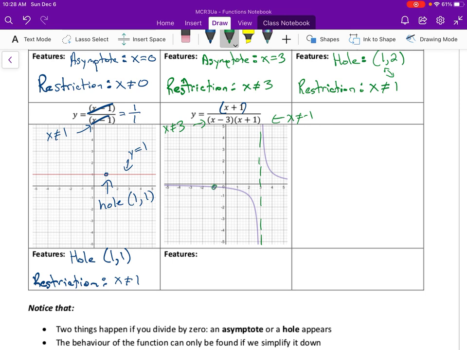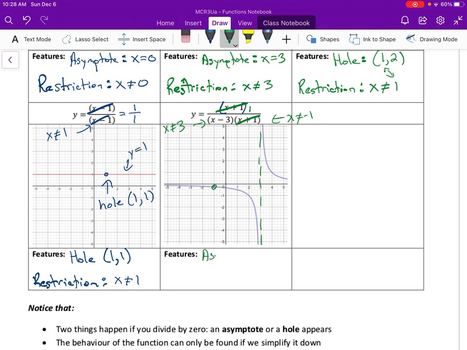The reason is that when I divide x plus 1 by x plus 1, there's a 1 up top, and that's what creates the hole. So I've got a hole at x equals negative 1, and then the x minus 3 remains, and so that's my asymptote, which is x equals 3.